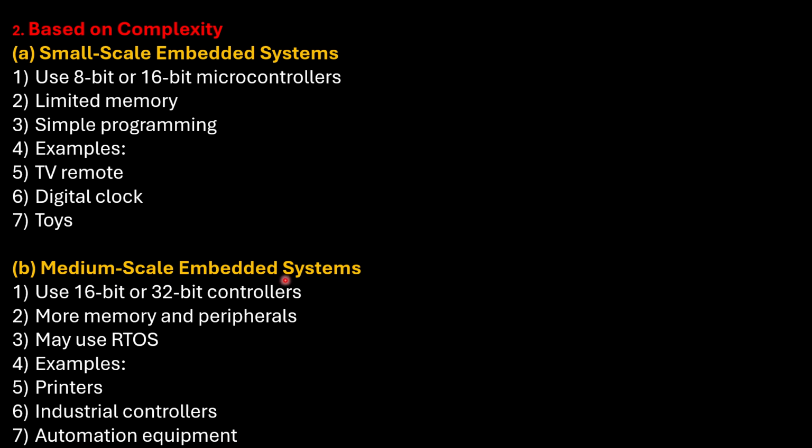Medium scale embedded systems use 16-bit or 32-bit controllers, more memory and peripherals, and may use RTOS, real-time operating systems. Examples: printers, industrial controller, and automation equipment.